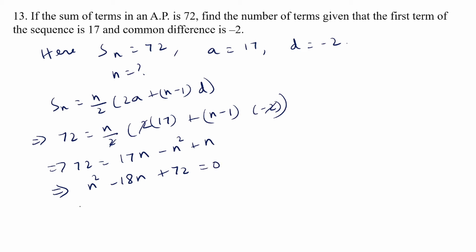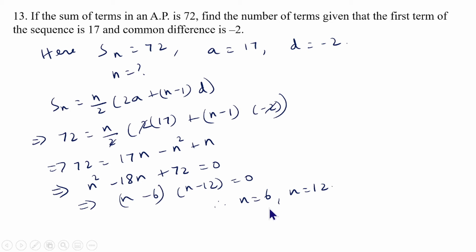So this is a quadratic equation in n. So we get (n minus 6) into (n minus 12) is equal to 0. Therefore, n is equal to 6 or n is equal to 12. So these are the two options for n. n can be either 6 or 12.